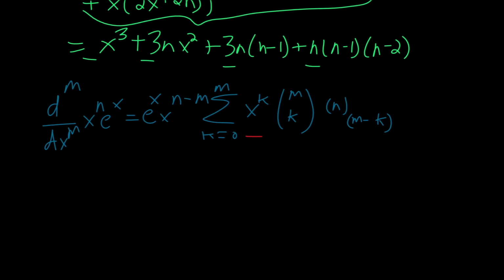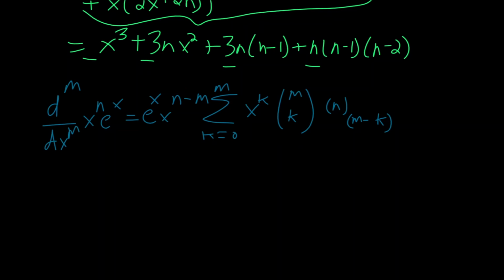M is 0 and k is 0, so 0 choose 0 is just going to be 1 because 0 factorial is just 1. And then this right here, as we've already discussed, is just 1. So all that's 1. M is 0, so this is just x to the n. There's no reason to worry about the m term. So it does indeed satisfy the base case.